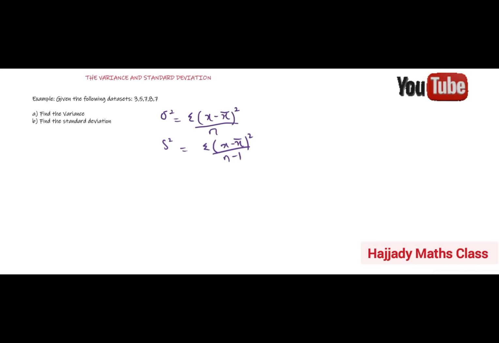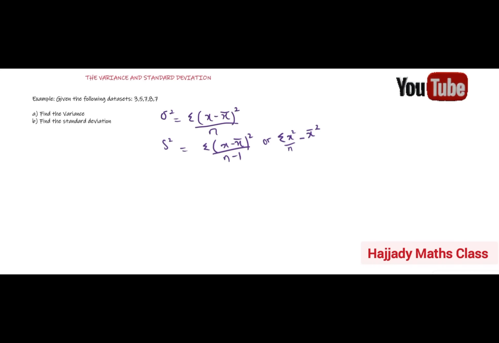For this, we can have it in this form, or alternatively, it can be written as summation of x squared over n minus x bar all squared. Don't forget our x bar is the mean. So we are going to use these two formulas to solve our example given here.